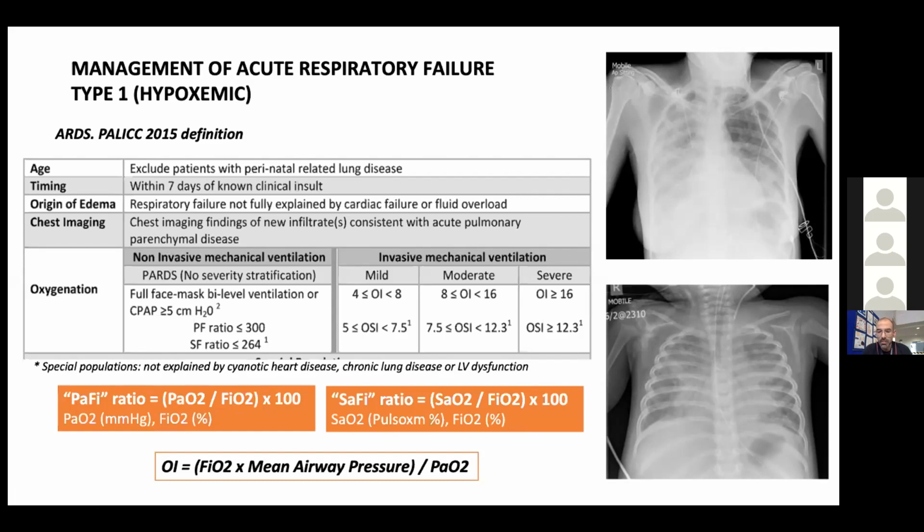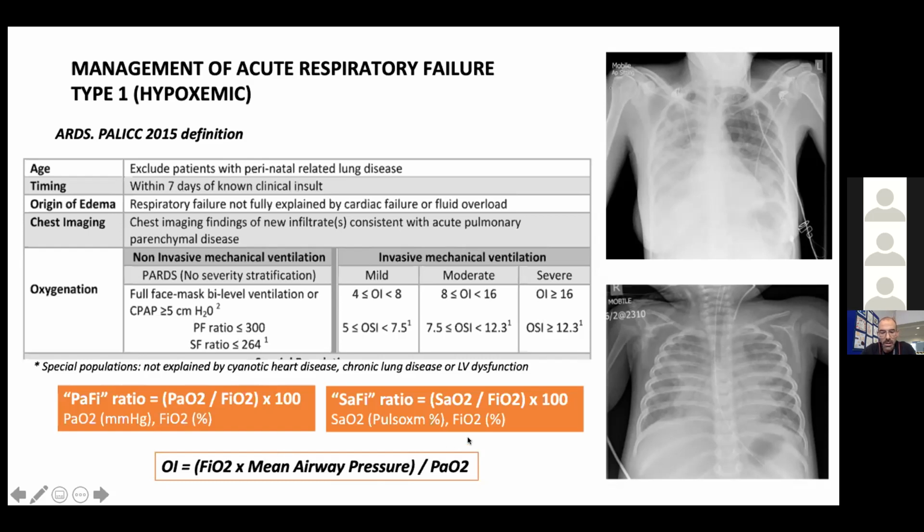However, these two ratios don't take into account your mean airway pressure. How much pressure do you need to keep this child well oxygenated? So there is another measure that we use, which is the oxygenation index, okay? And the formula is here. In this formula, you can see that we are taking into account how much pressure we are providing, okay?